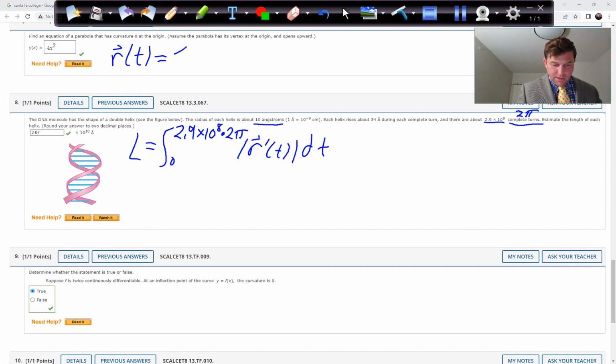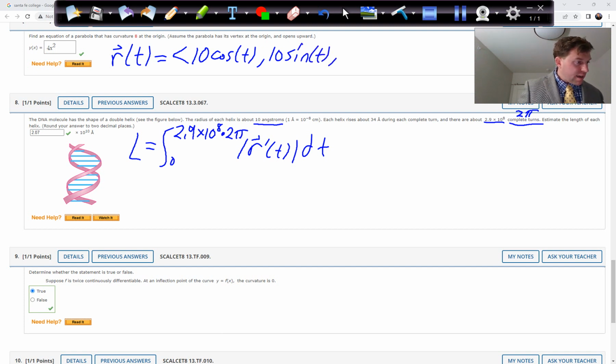So what we're going to say is, okay, we knew that when we had a circular element, you could break it down into the radius times cosine of t in the x, radius times sine of t in the y, and then the z component is going to be this right here.